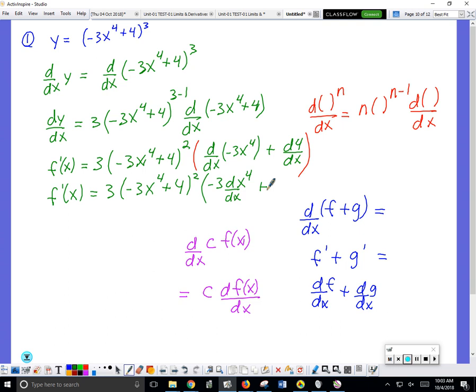Do you see how I use the constant rule? Not really, that's okay. So right here I've got this one in pink. I've got d dx of a constant, negative 3, multiplied by what I'm referring to as f, which is x to the 4th. Do you see that? Okay, then the rule says the constant can come out. So I put it right here.